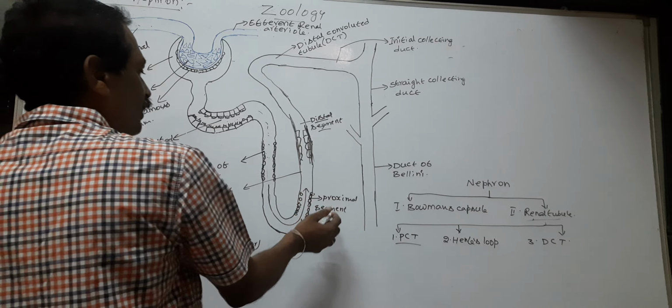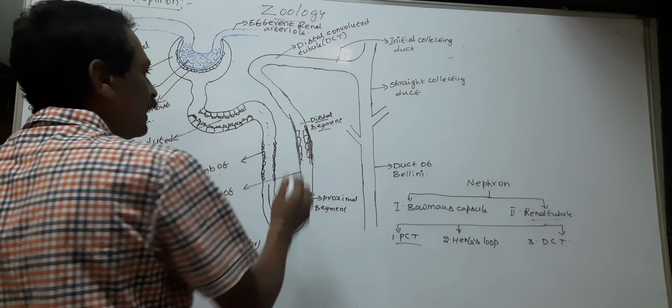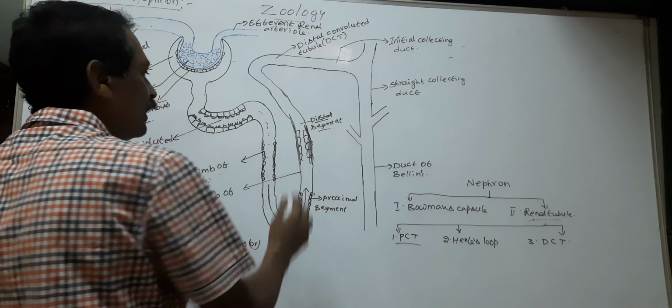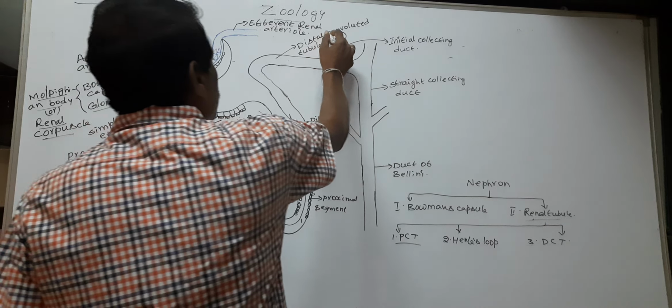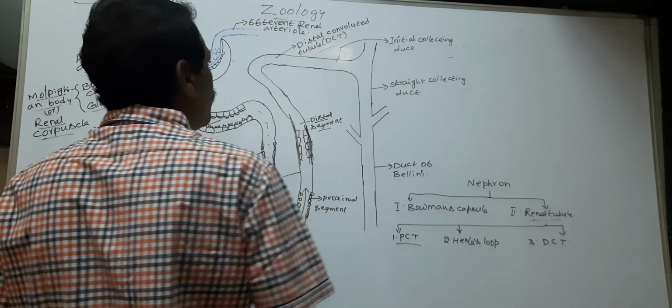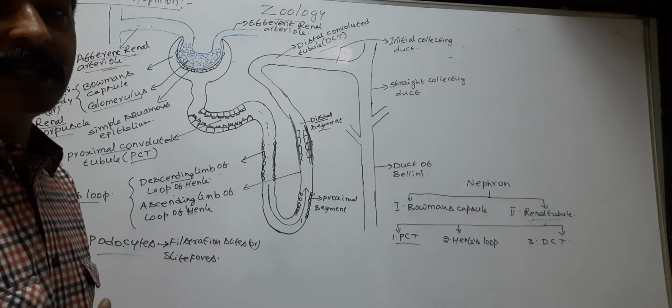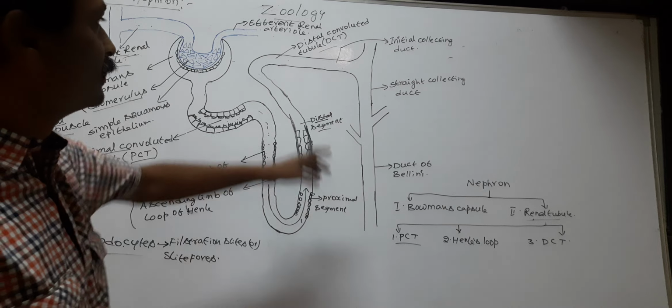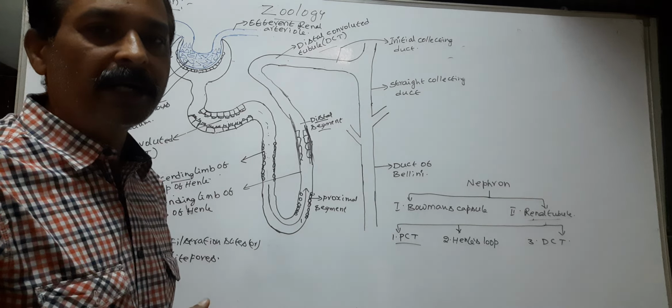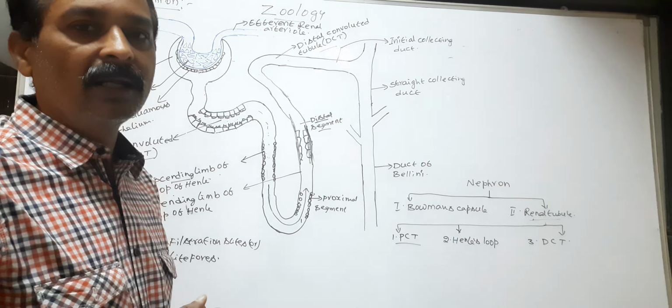Next, the ascending limb of loop of Henle moves to the cortex, and continues as the distal convoluted tubule. The distal convoluted tubule is lined by simple cuboidal epithelium.